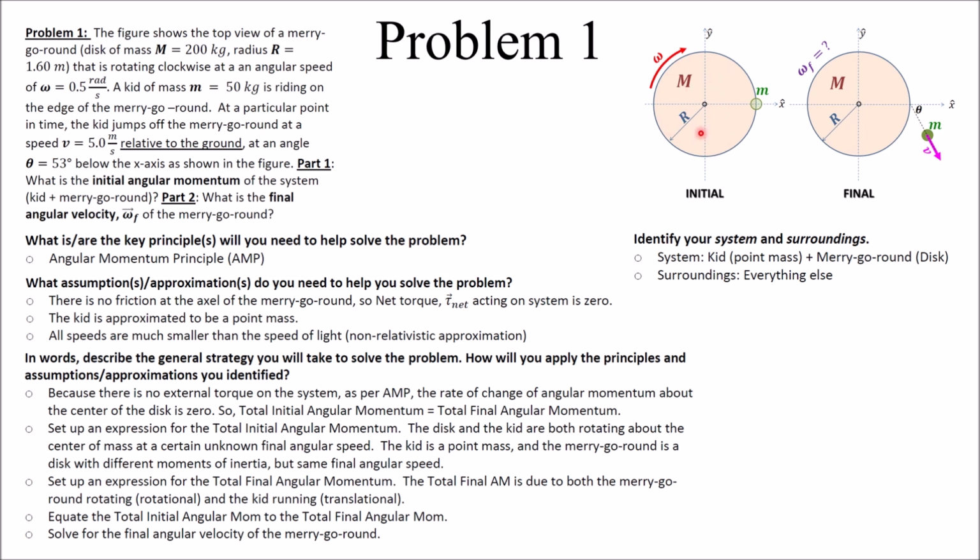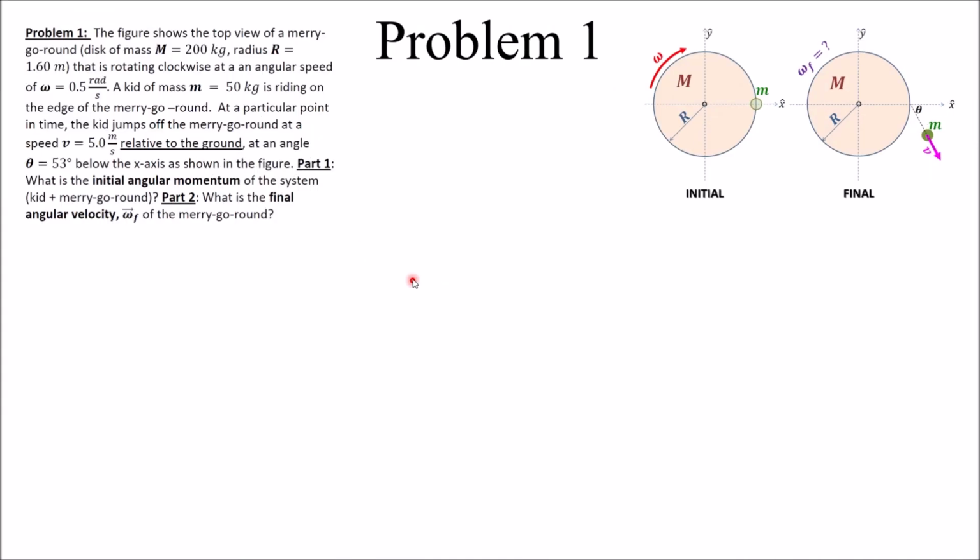There's no angular acceleration, so the initial angular momentum is equal to the final angular momentum. What we really need to do is figure out the total initial angular momentum and the total final angular momentum, and then set them equal to each other. So it's the idea of conservation of angular momentum. Let's get into that here.